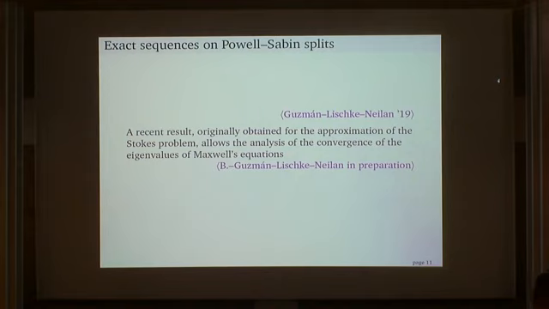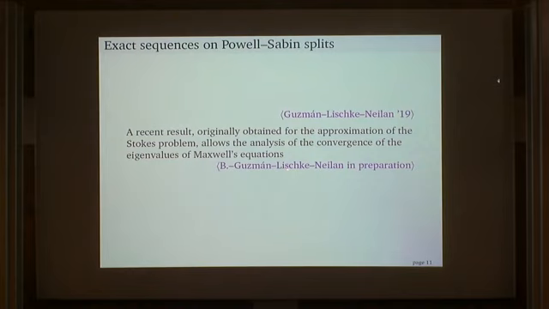When I attended their talk, a few weeks ago in Krakow, where Michael was actually giving the talk, they were aiming at Stokes, constructing these special elements for Stokes, giving the possibility of having exactly divergence-free elements for Stokes.